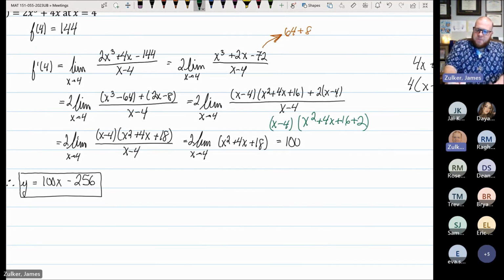Because I'm factoring an entire term out of both. So you factor x minus 4 out of the first term, what are you left with? This x squared plus 4x plus 16. Factor x minus 4 out of the second term, you're just left with the 2. Okay, thank you.